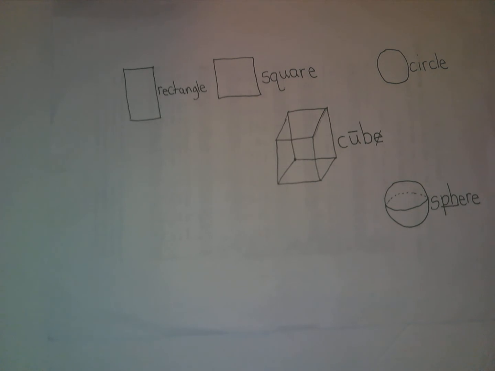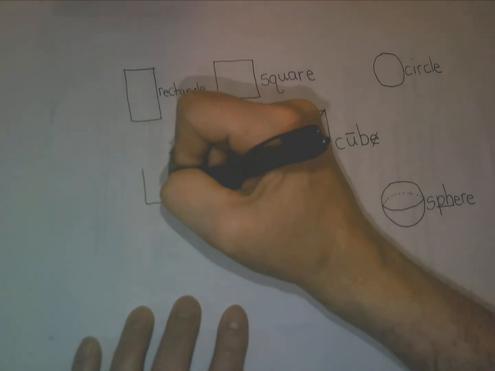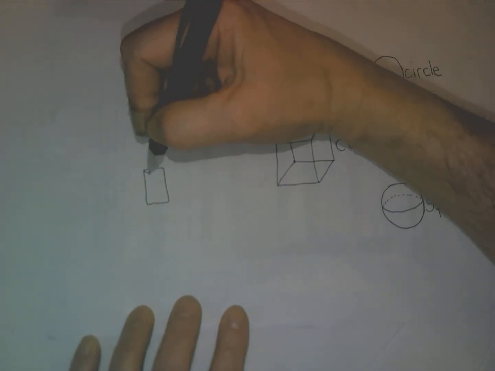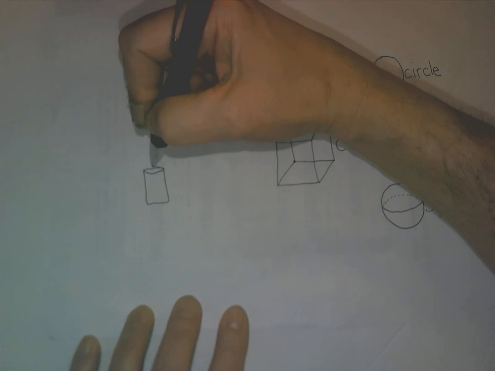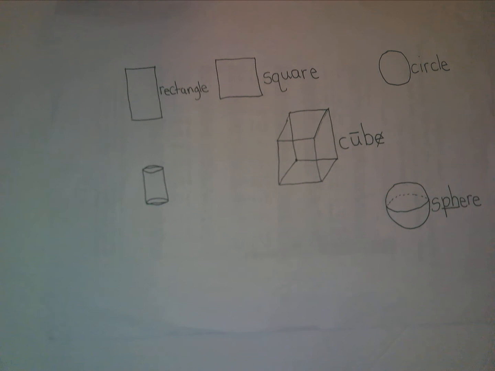Now, the way that we can sort of make a 3D rectangle, I want you to think of a soup can. A soup can is sort of like a 3D rectangle because it looks like this, and it has a rounded top and a rounded bottom like that.